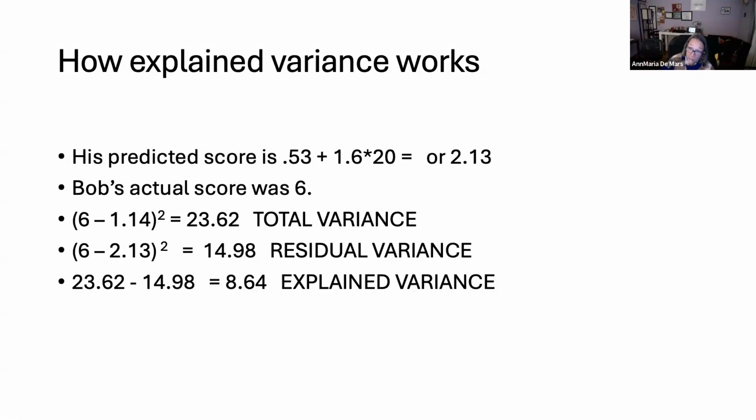The difference, remember, between the predicted score and the actual score is the residual variance. And the difference between the 23.62, which would have been the variance if we used the mean, and the 14.98, which would have been the variance if we used the knowledge of our predictor variable, that difference is 8.64. And that is the amount of variance explained.